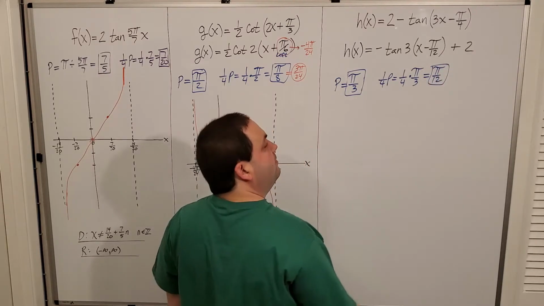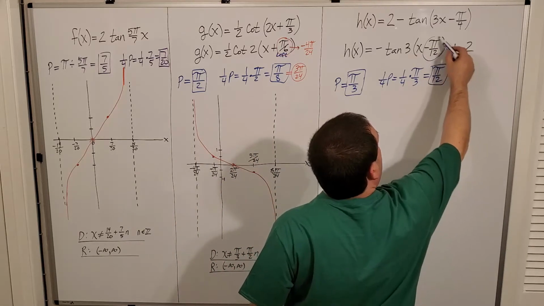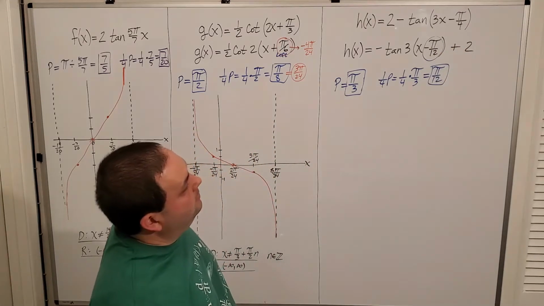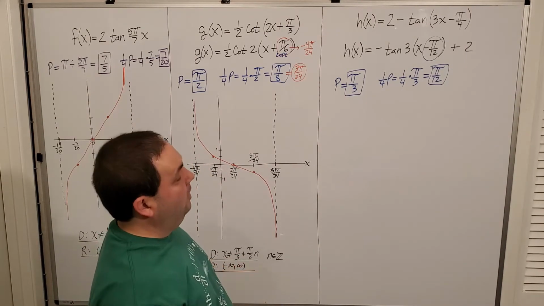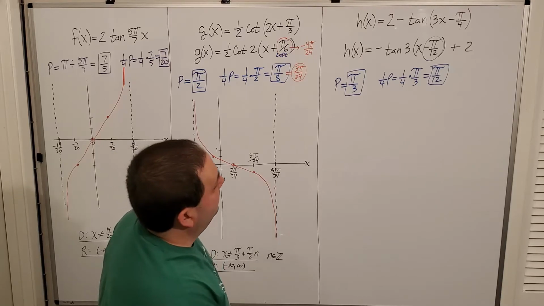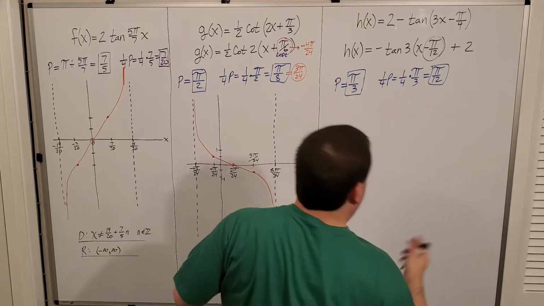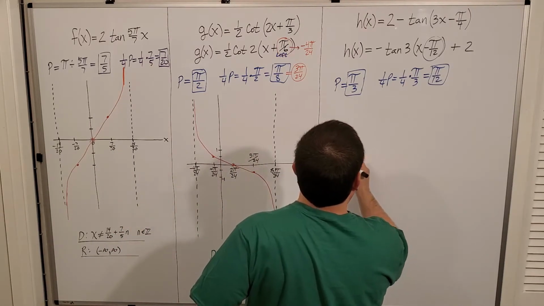Hey, that's interesting. Pi over 12 is also our shift. Coincidence. It's just a coincidence this time. I didn't realize that was going to happen. I just kind of made it up off the top of my head. No matter. It'll still work out nice.